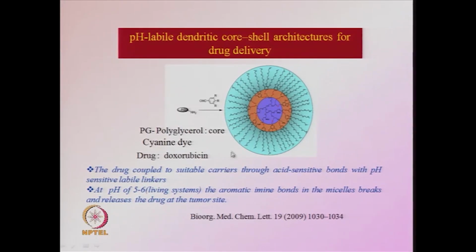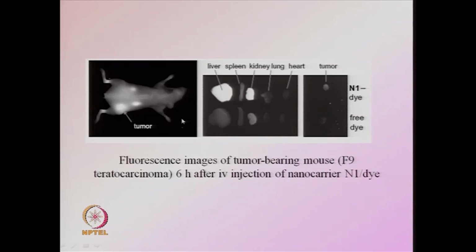So, this particular example took a drug which is doxorubicin, which is an anti-cancer drug, and it also incorporated a dye, a cyanine dye, so that you can see where the drug is going or where the tumor cell is, and this you can see in this picture.